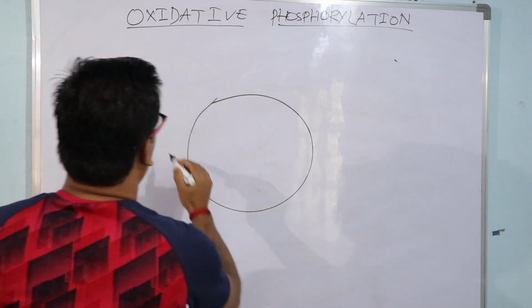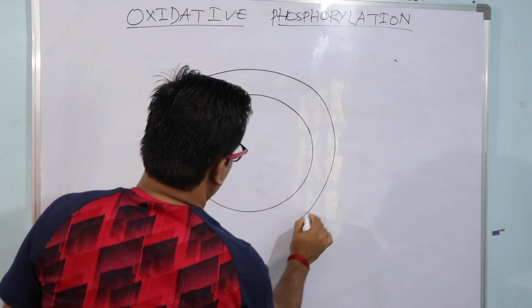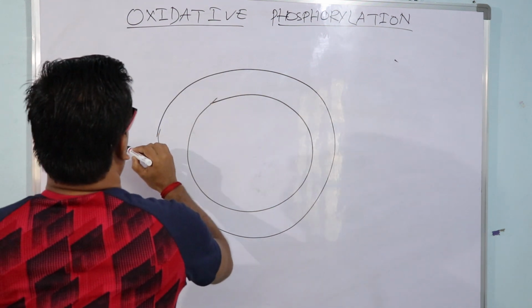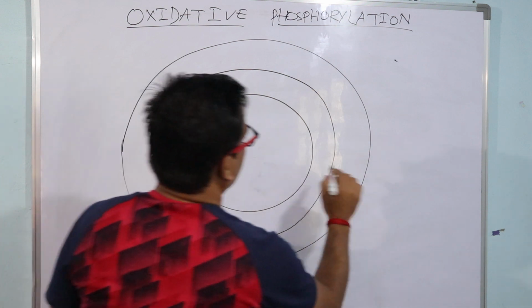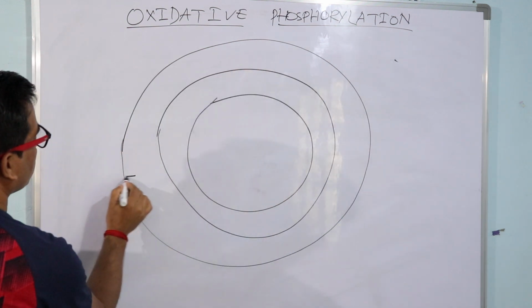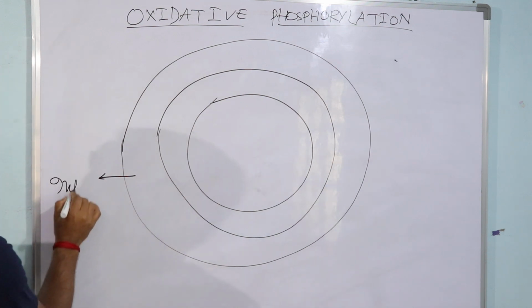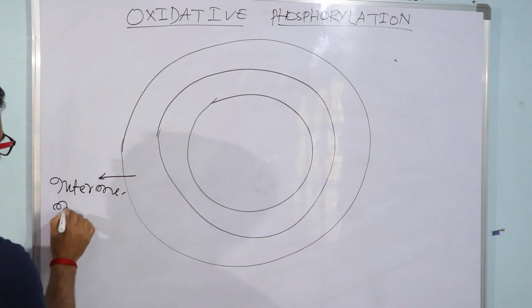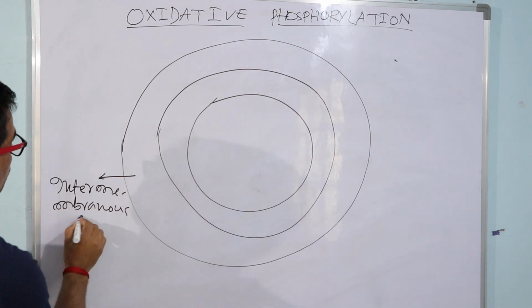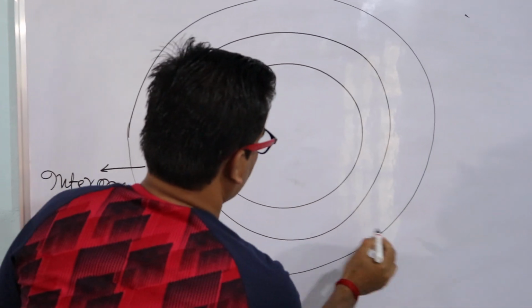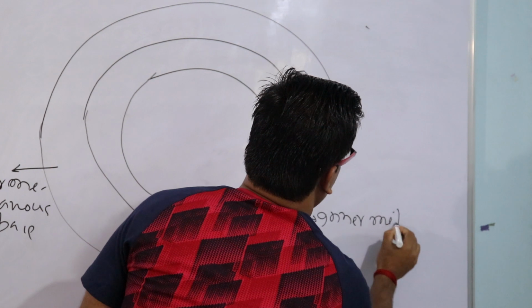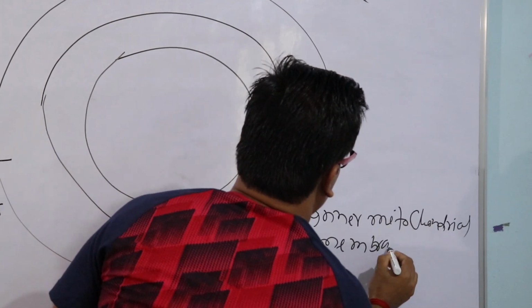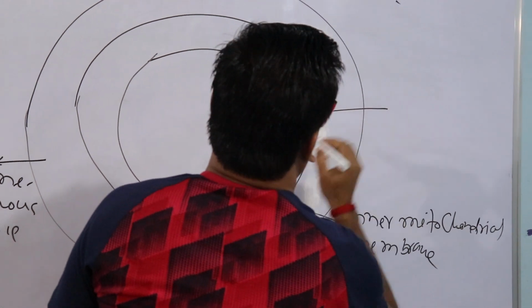Suppose this is the matrix. It is made up of the inner mitochondrial membrane and the intermembranous space. This is the intermembranous space, and this is the inner mitochondrial membrane, and that is called the matrix.